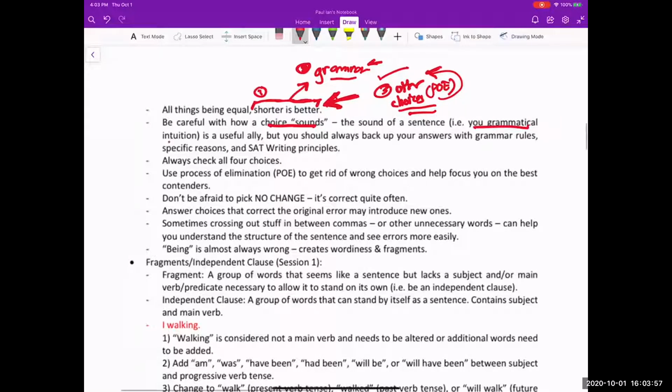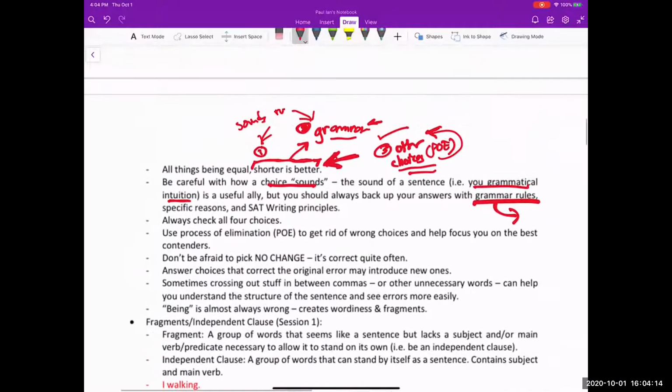What you have to do is go back to your rules and support it. That's why I said here, shorter is better. Yes, that sounds good, but you need to support it with a grammar rule. And this grammar rule will confirm, oh okay, this is the right one, I am applying this correctly.